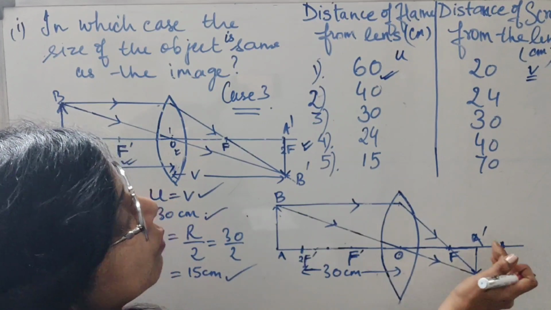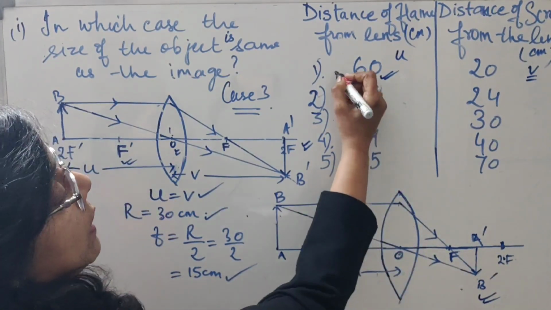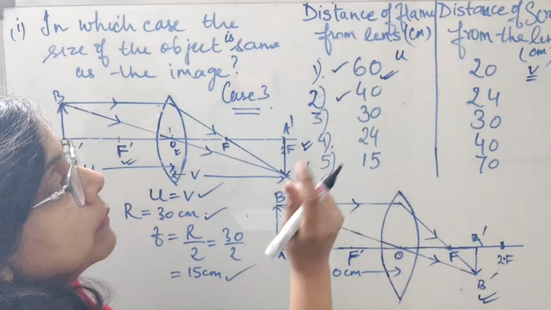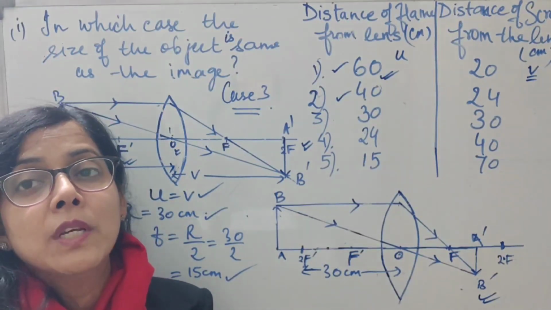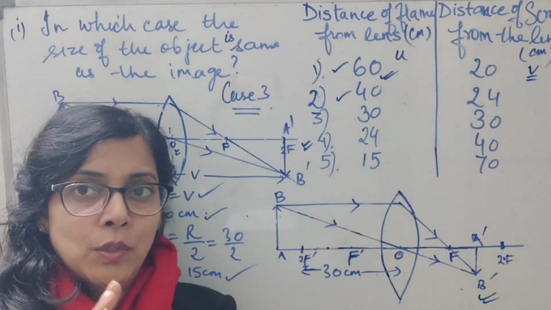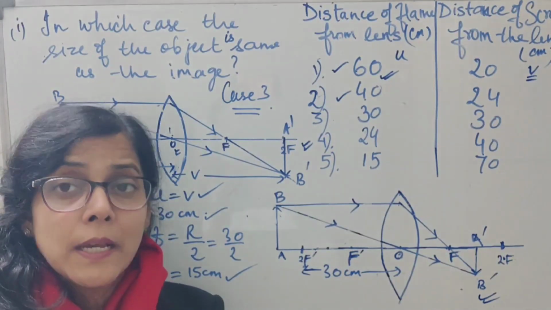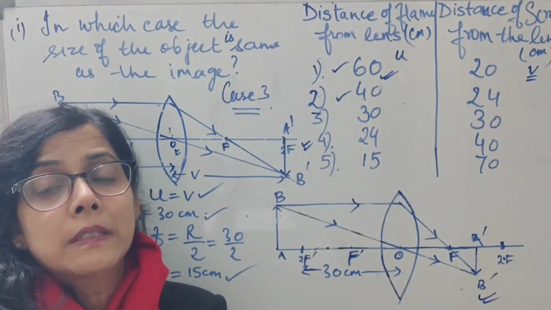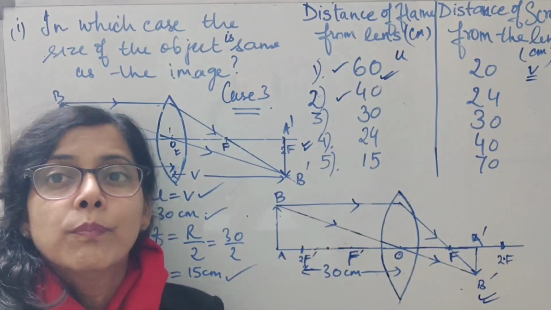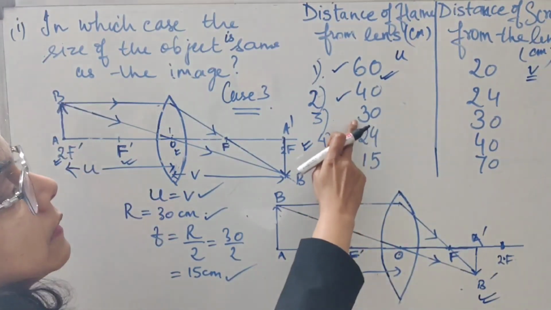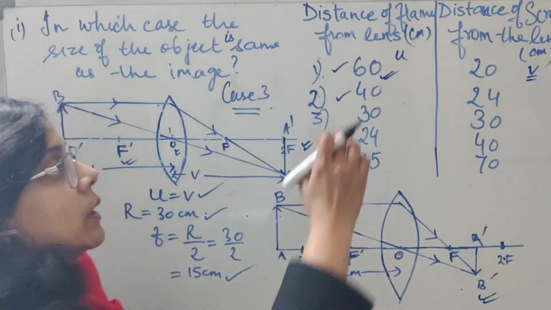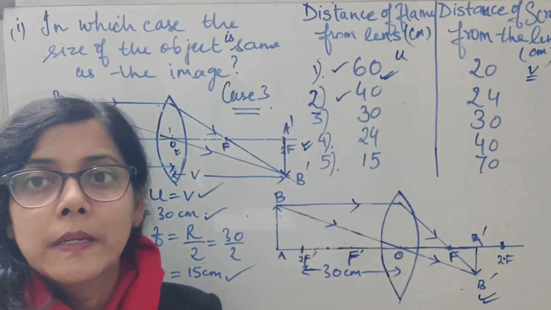So what we can say is that in case number 1 and case number 2, both the cases, the images will be smaller than the size of the object, because in both these cases the object is beyond 2f dash, meaning u is more than 30. Okay, 40 and 60. Is it clear to everyone?